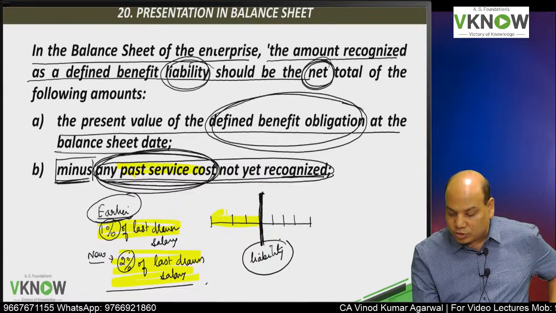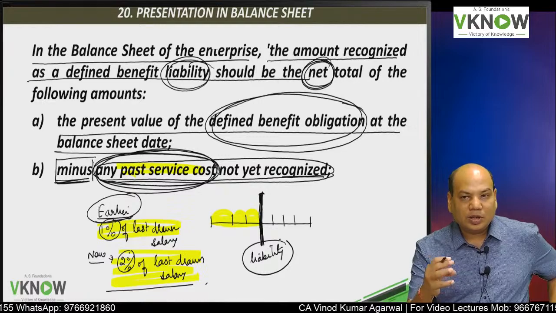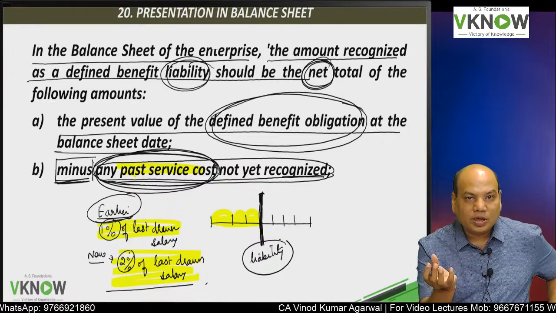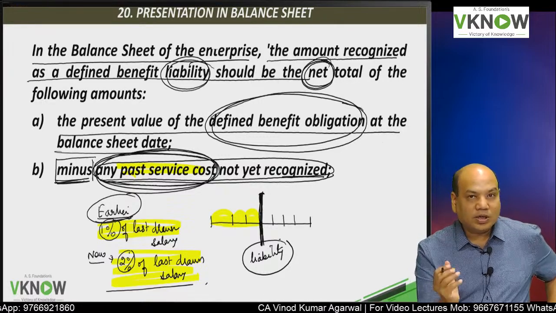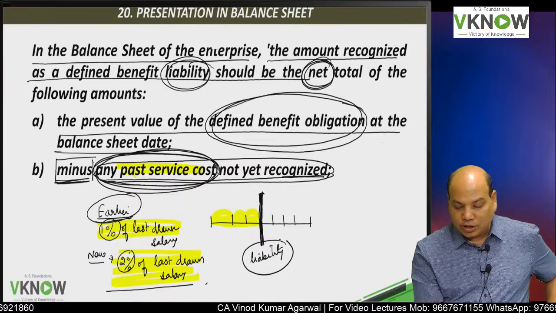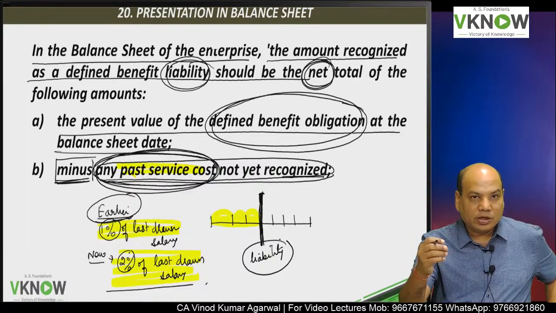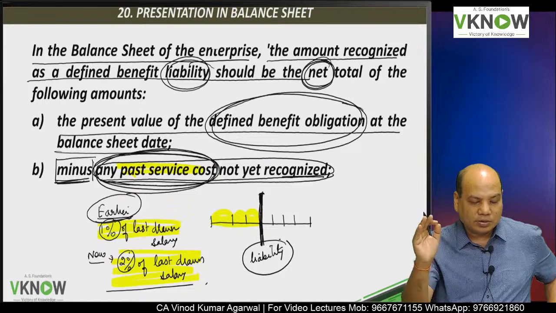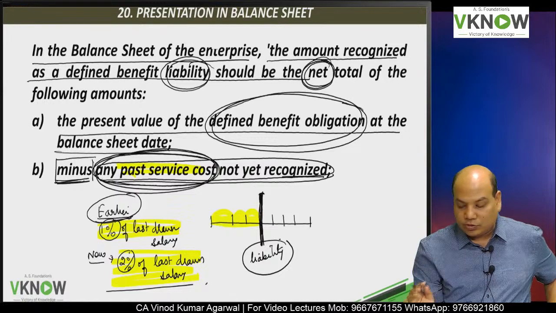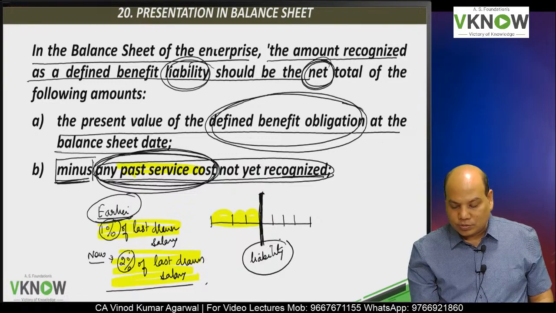So the liability with respect to service already given in the past needs to be amended. It may increase, it may decrease. It may increase, like in this example, 1% to 2%, but the management may say we will give you only 0.5%. Then in that case the liability can decrease also. So I need to provide for that. That is past service cost.